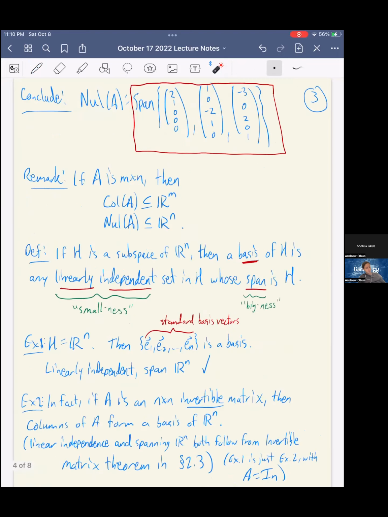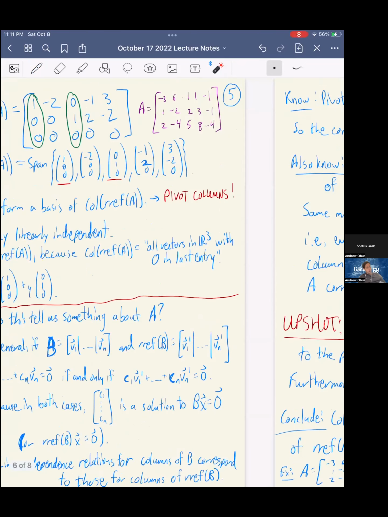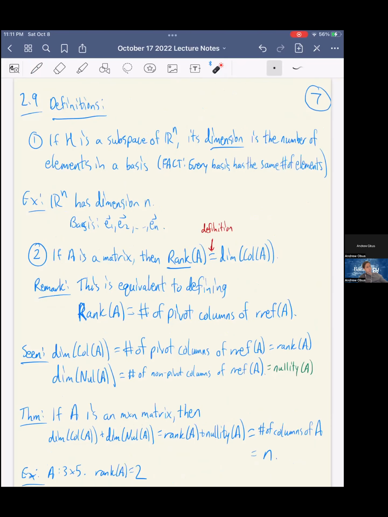The null space of A was the span of these 3 things, and they were linearly independent. So another way of stating that is that the rank of A is equal to 2, the nullity of A is equal to 3, and n was equal to 5. The number of columns is 5, rank of A was 2, nullity of A is 3, and 2 plus 3 equals 5, right? So it's an example of this theorem.